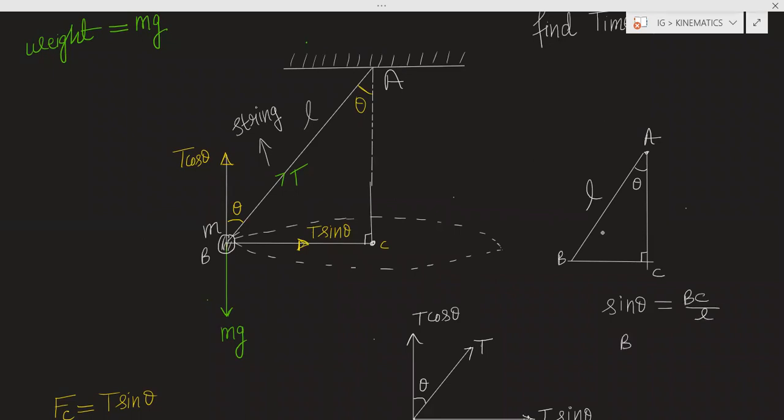Now you can get BC, that will be equal to L sin theta. So this distance is L sin theta.